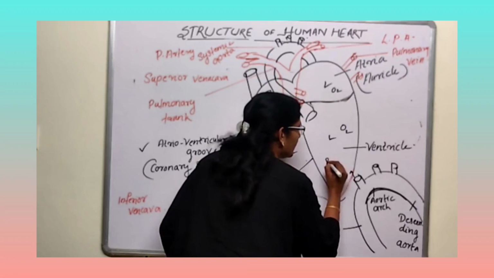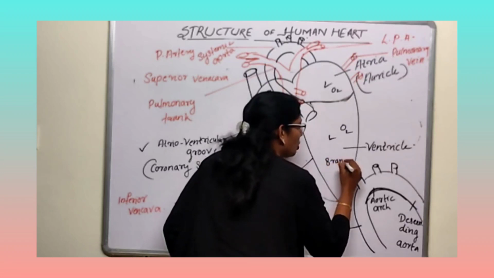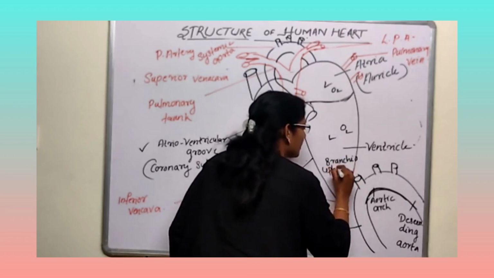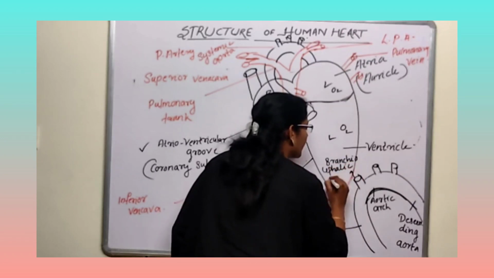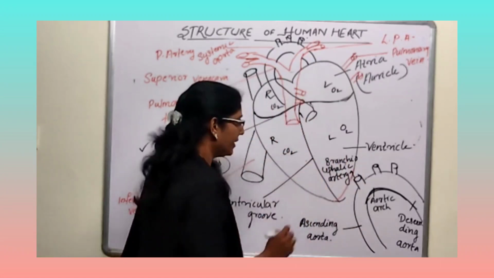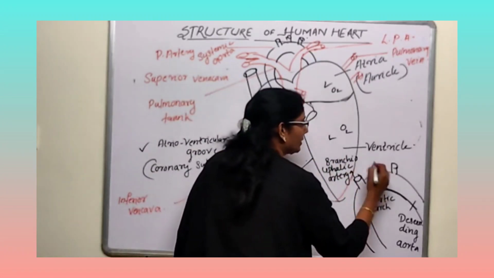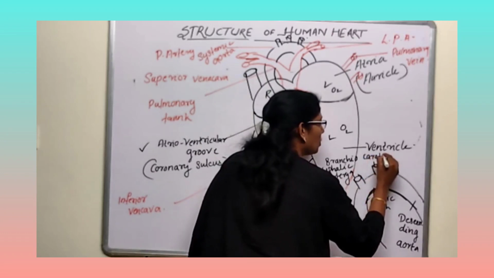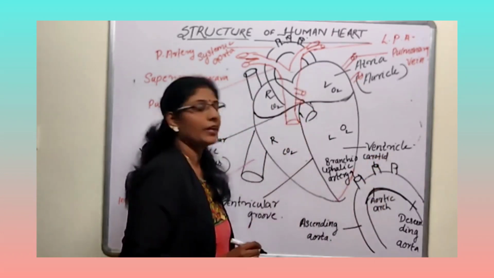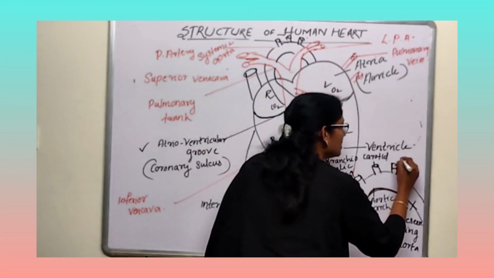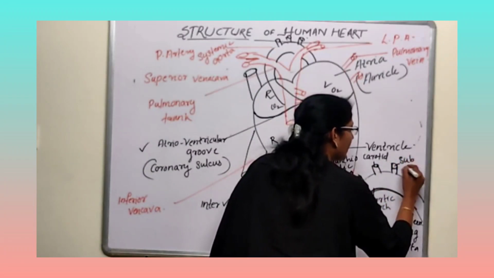This is called the brachiocephalic artery. Okay, then the second one is this one. This is called the carotid artery. And this is the third one. This is called the subclavian artery.